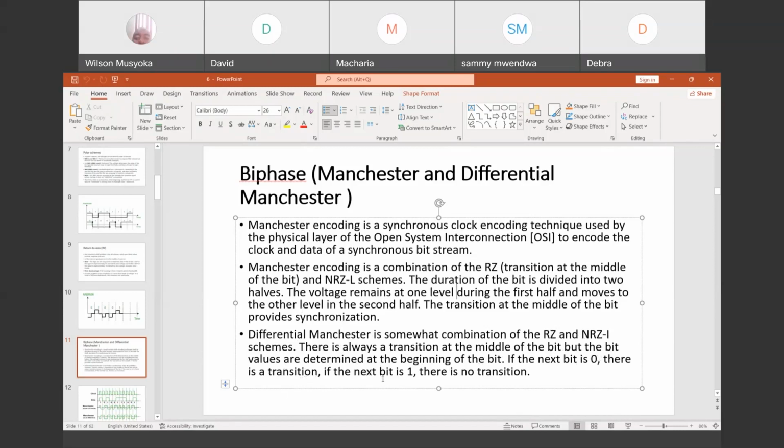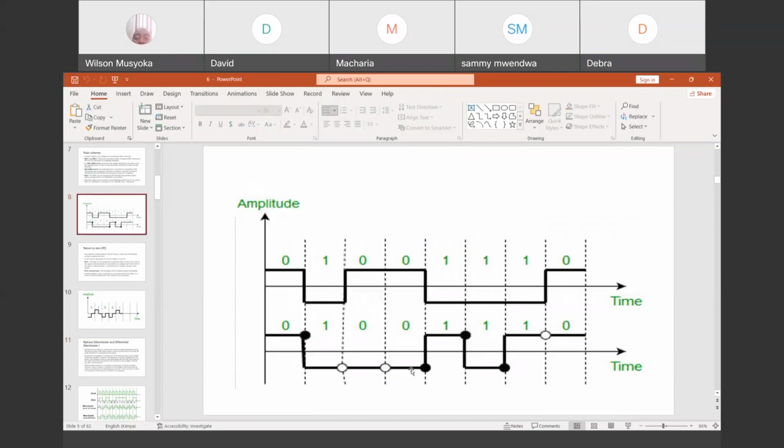If the next bit is a one, there is no transition, like we had done in the previous one. You remember the one we said was inverted, whereby if the next bit is a zero, there is going to be a transition. If it is a one, no transition. So it's like the opposite of this a little bit. But we are saying that it is a combination of the return to zero plus these two.